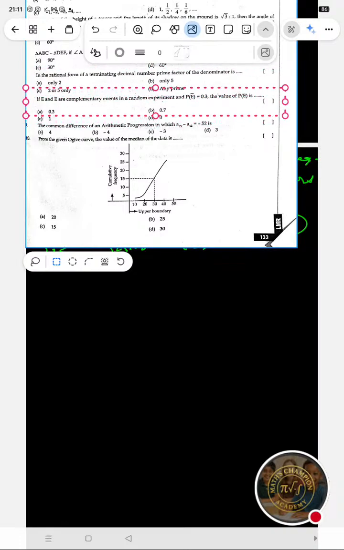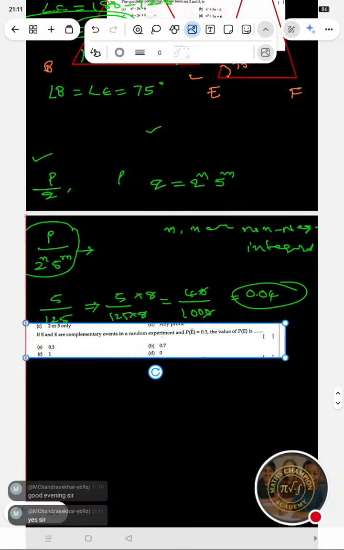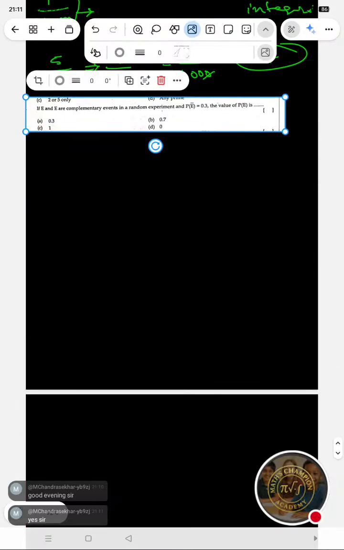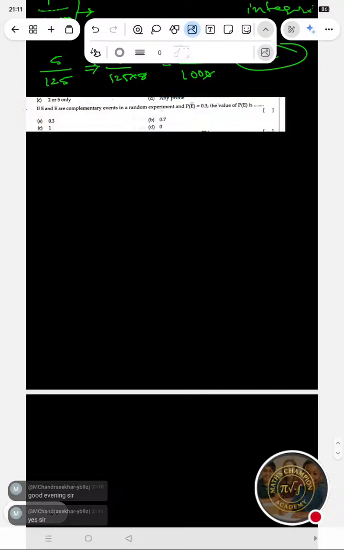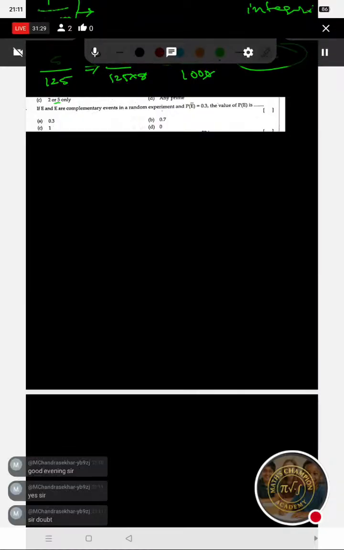Next question, look here, the probability question. It is a very simple question. I hope you know already. E and E bar are complementary events in a random experiment.